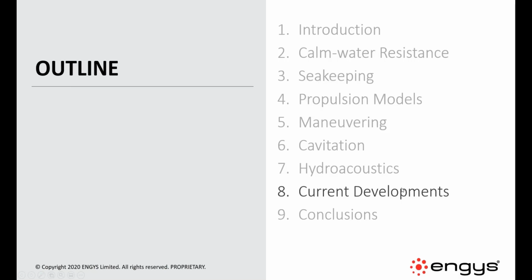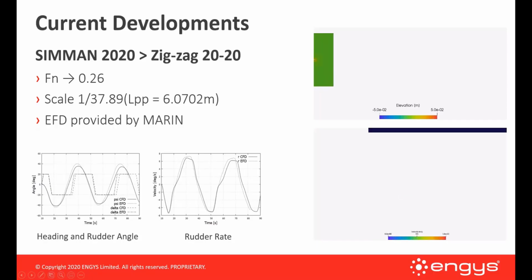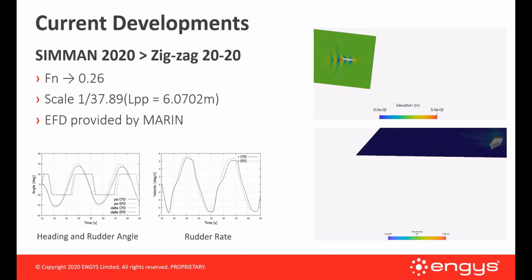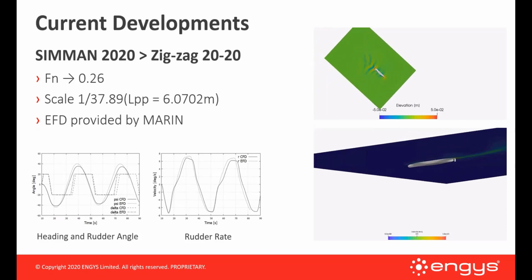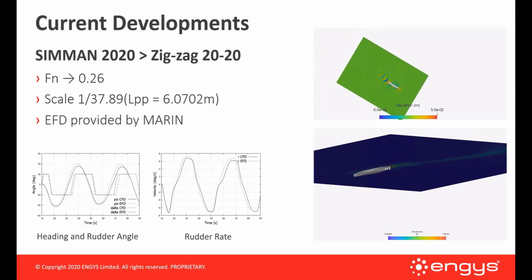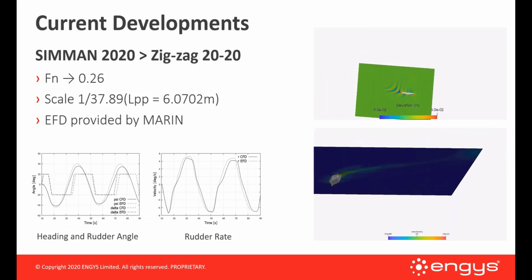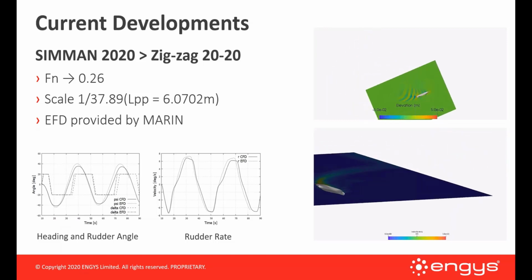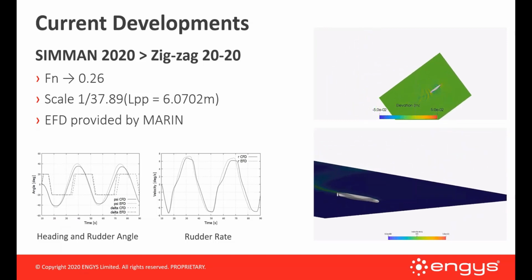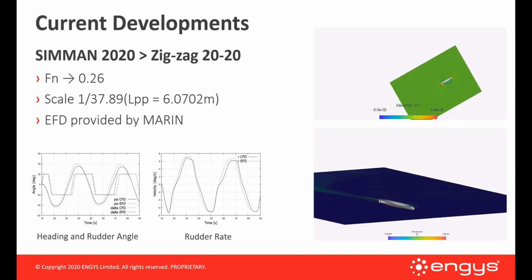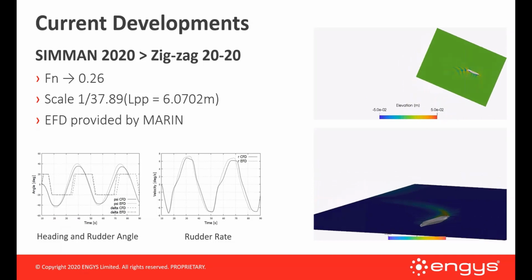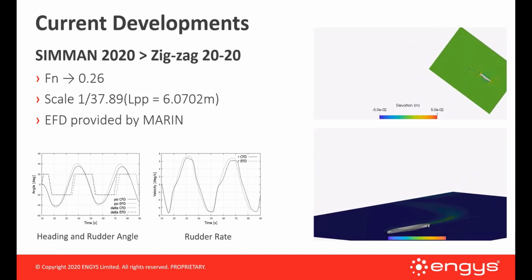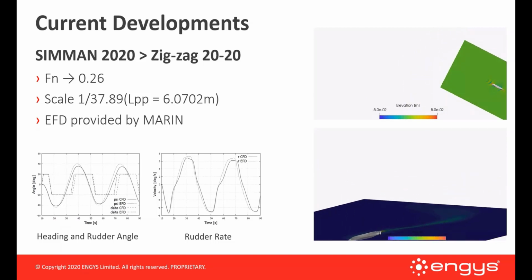In terms of developments, we are focusing on maneuvering and free running tests. More specifically, we have a paper which has been submitted to the SIMMAN 2020 workshop, and this slide shows you the comparison with the experiments for the Zigzag 2020 test case of the KCS, used for the SIMMAN workshop.